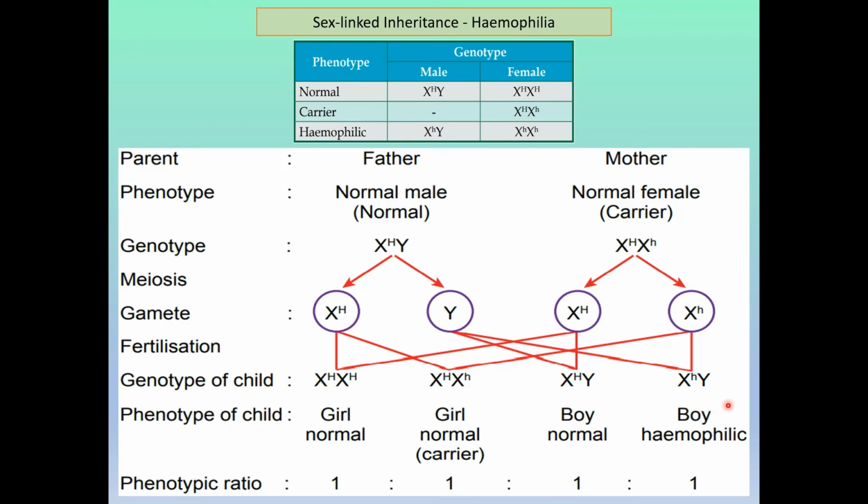For a boy, one recessive allele is enough for him to have hemophilia. Okay, so this is the phenotype ratio: one normal girl, one normal girl who is a carrier, one normal boy, one boy with hemophilia.